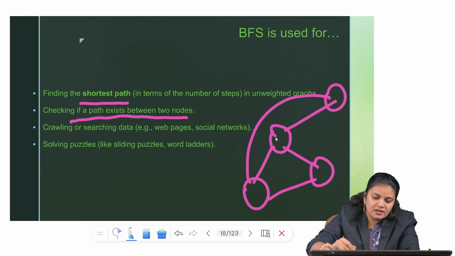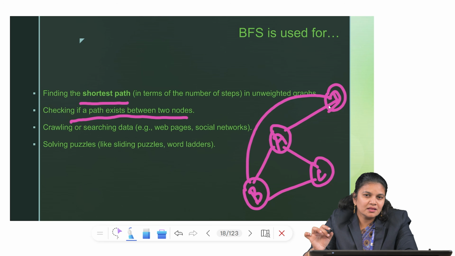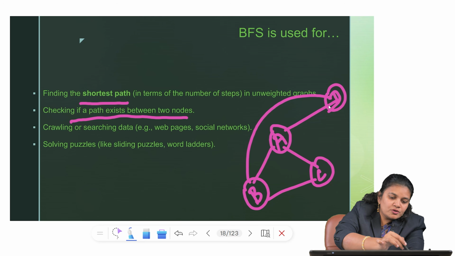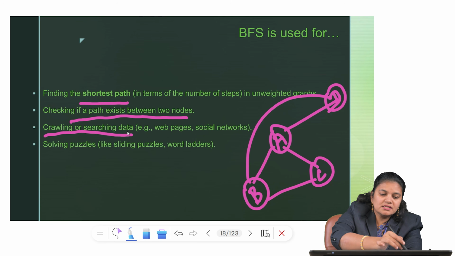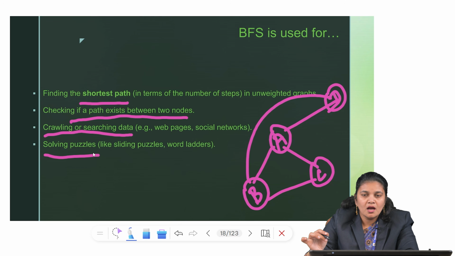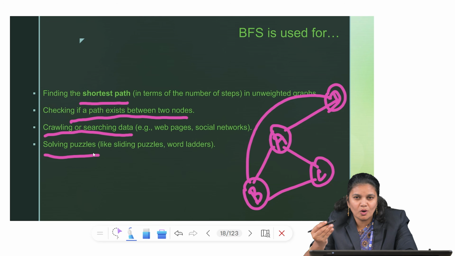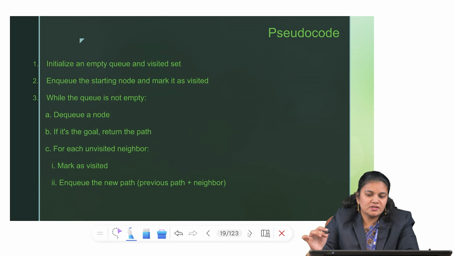Let me name them A, B, C and D. If I want to check whether there is a path existing between C and D, I can use this BFS and I can find that the answer is no, because when I track and find the solutions, there will be no connection between C and D. I can tell there is no link between C and D. For crawling or searching data, crawling in the sense of moving slowly from one page to another page in search of web pages and all, we can use this BFS. And the last use for BFS is solving puzzles. When we solve word crosswords and all, we can go for this BFS.